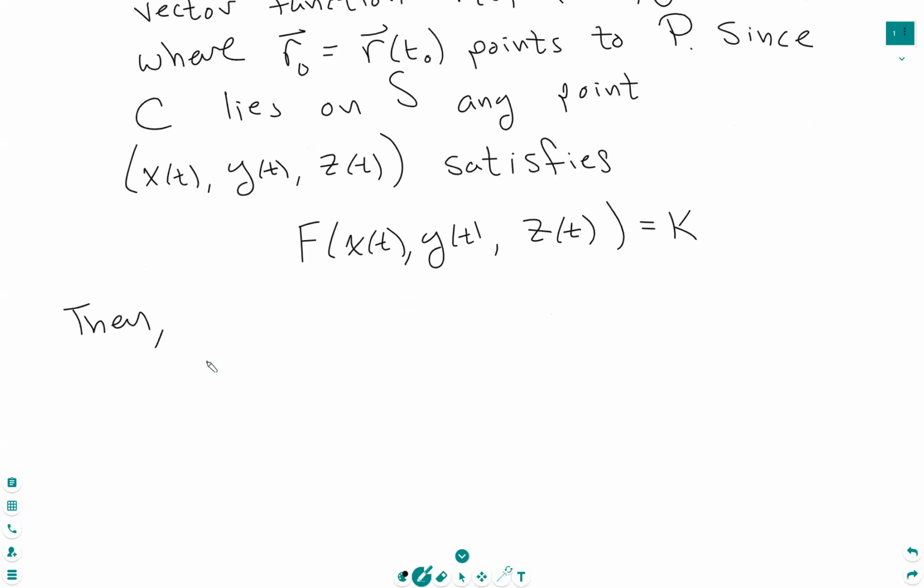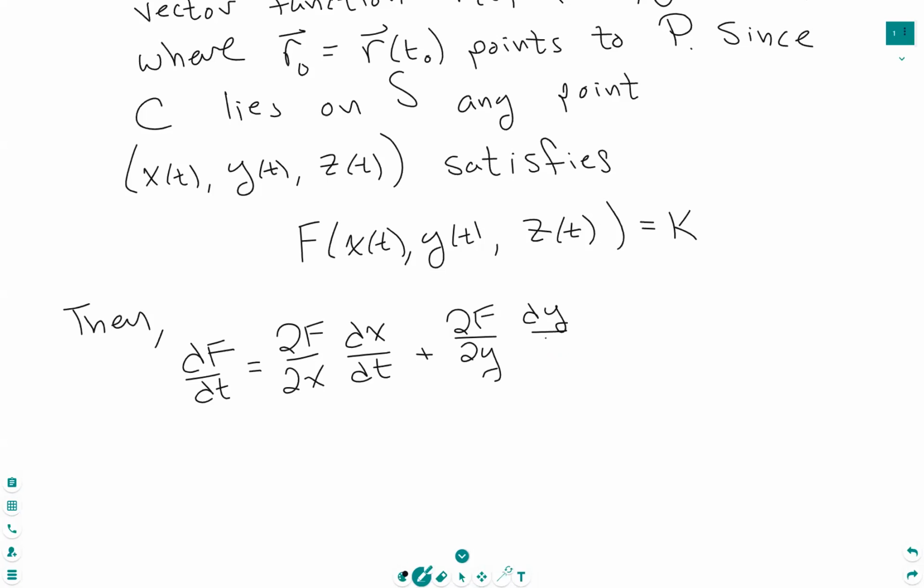If we want to find df/dt, this is partial f partial x, dx/dt, plus partial f partial y, dy/dt, plus partial f partial z, dz/dt, right?